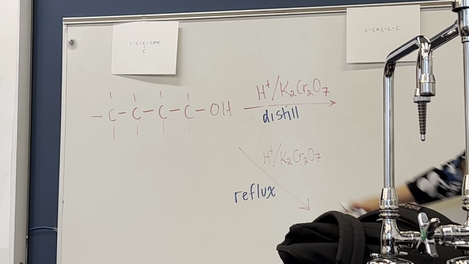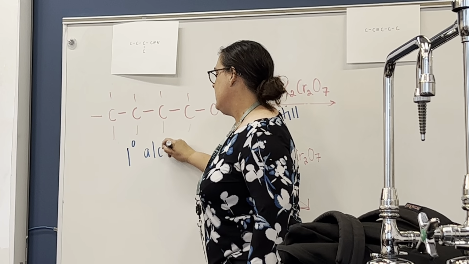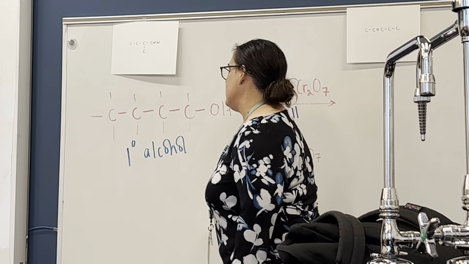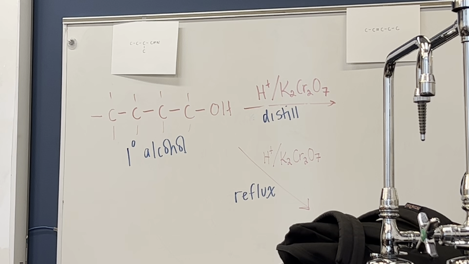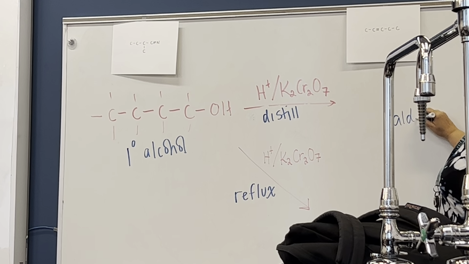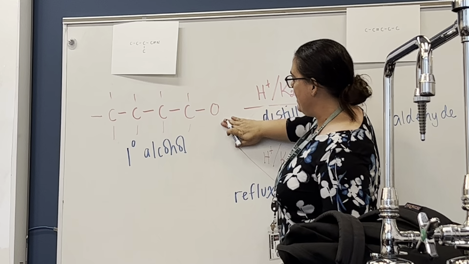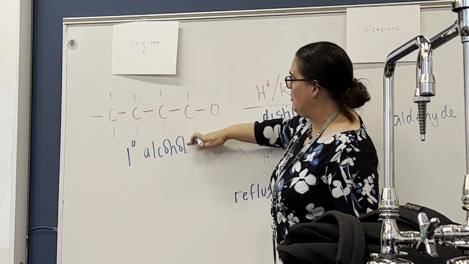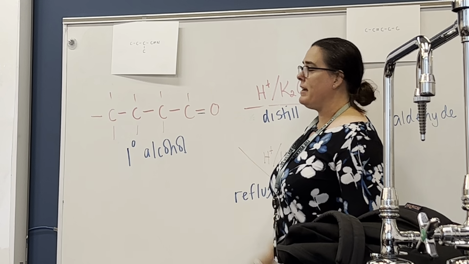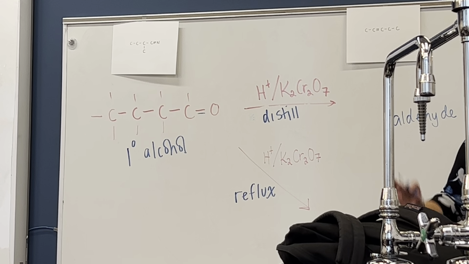If you take a primary alcohol, butanol is a singular example of that, in the presence of an oxidizing agent, and you heat it using distillation, you will make an aldehyde. The aldehyde is going to be formed by taking away this hydrogen, and making a double bond to that O. We do not have a mechanism for this.